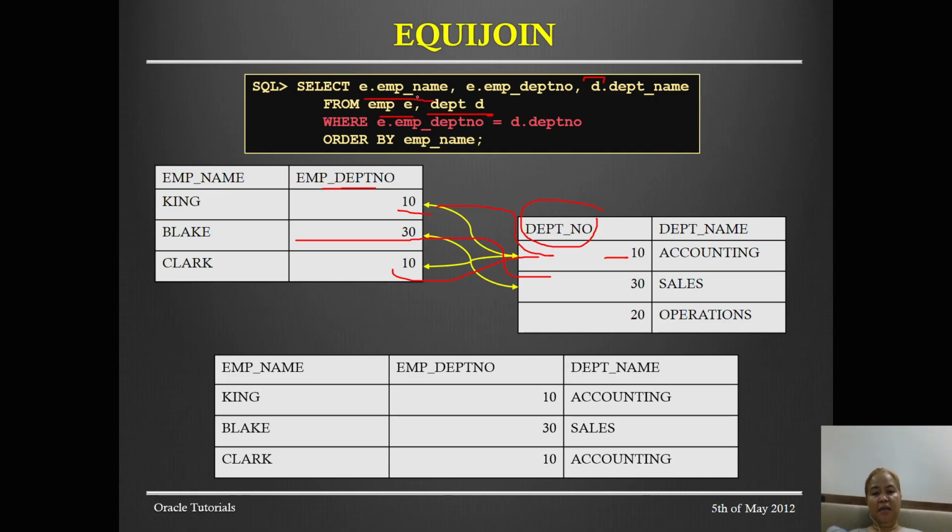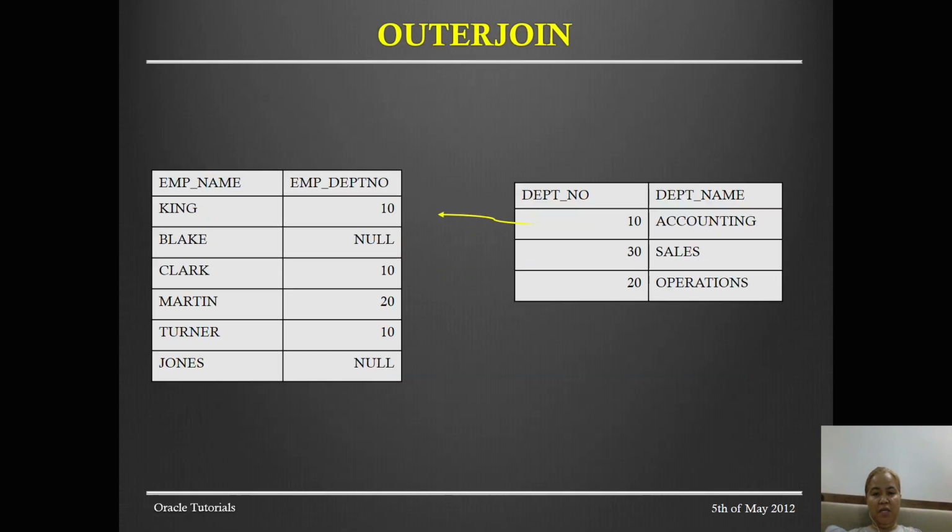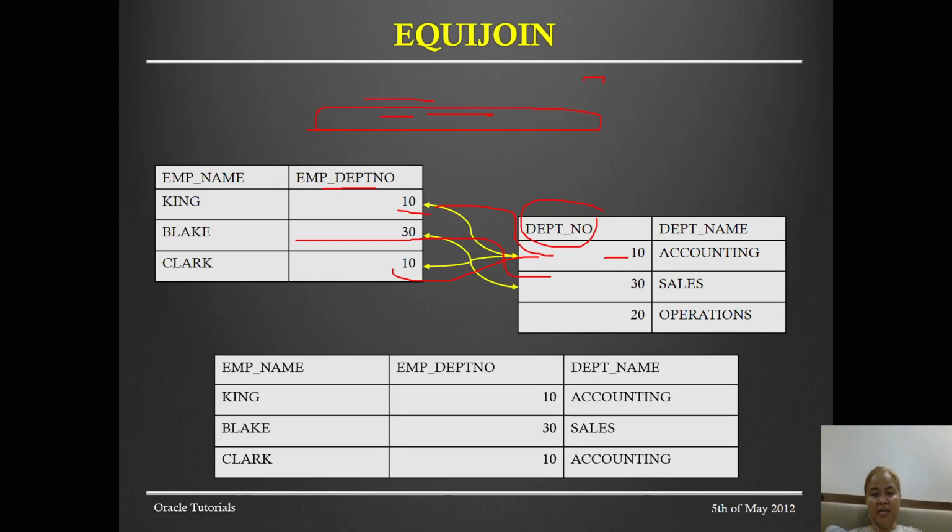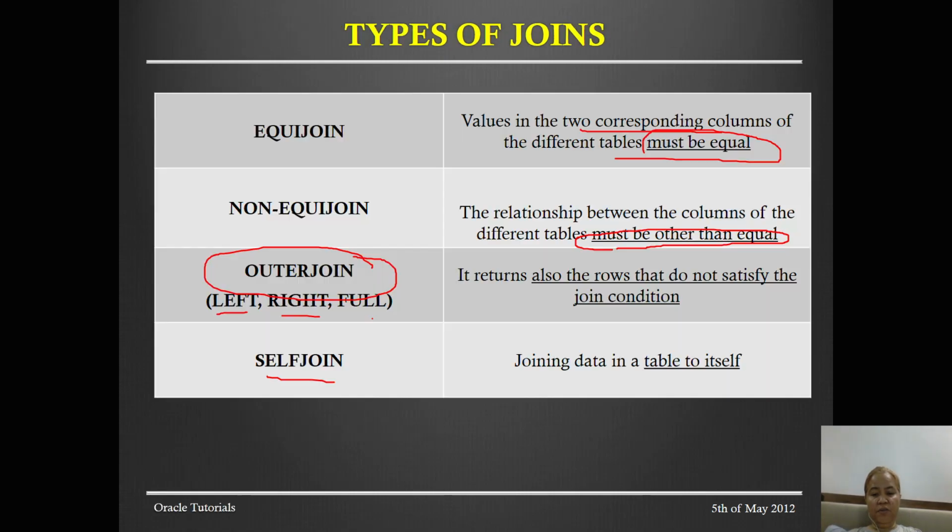Kinakailangan nating maglagay ng alias pag nagjo-join tayo ng tables. Where, ito yung condition natin kung saan sila magjo-join, department number to department number, and then order by employee name.